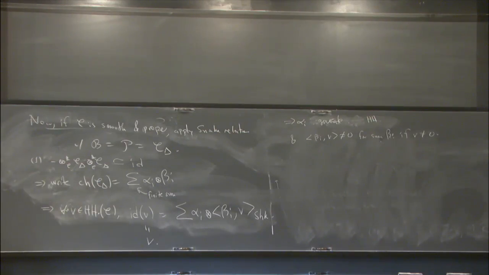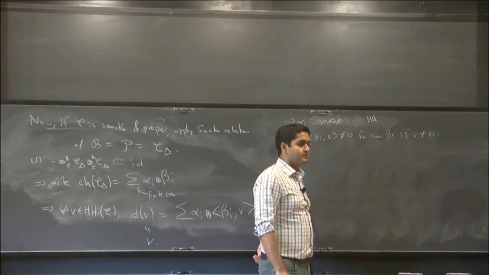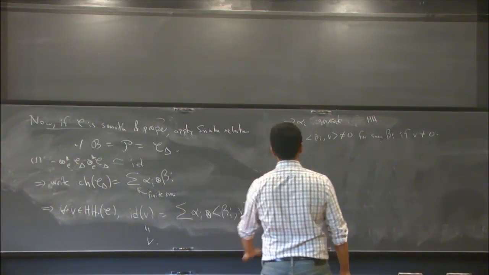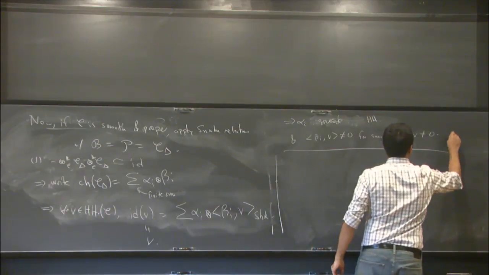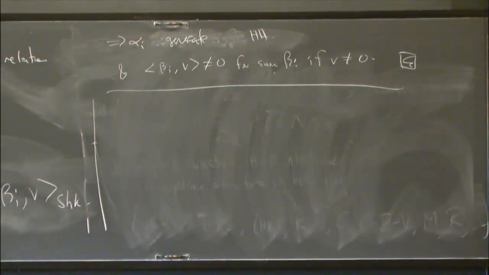Working over a ring, Hochschild homology could have torsion, so modulo what you mean by non-degenerate pairing, as we already know from Poincaré duality. I don't want to go into it. So this is the non-degeneracy desired.